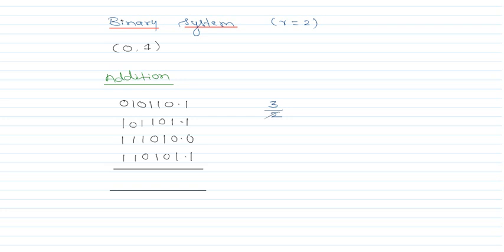So 2 goes 1 time with a remainder of 1. This is the quotient and this is the remainder. The quotient will be used as a carry forward to the next stage, and the remainder value will come as the sum.